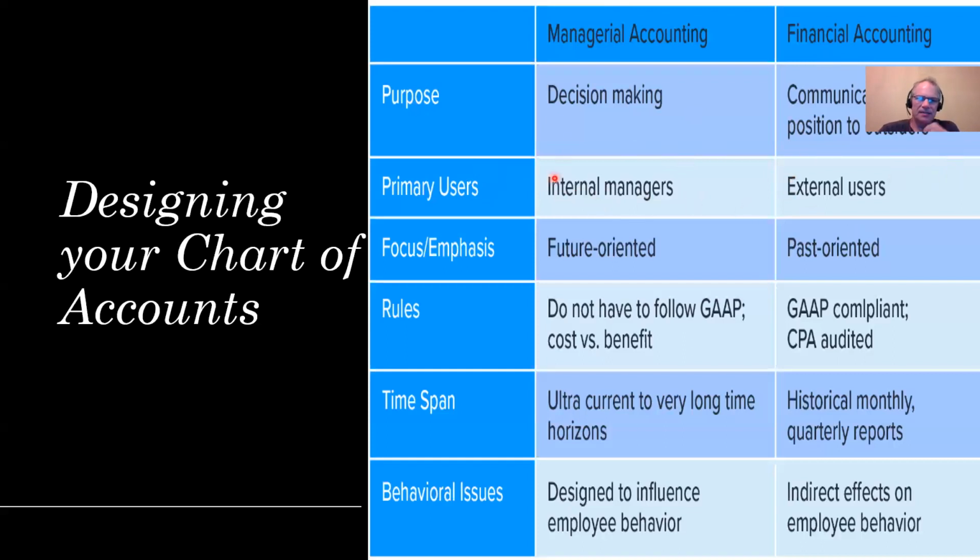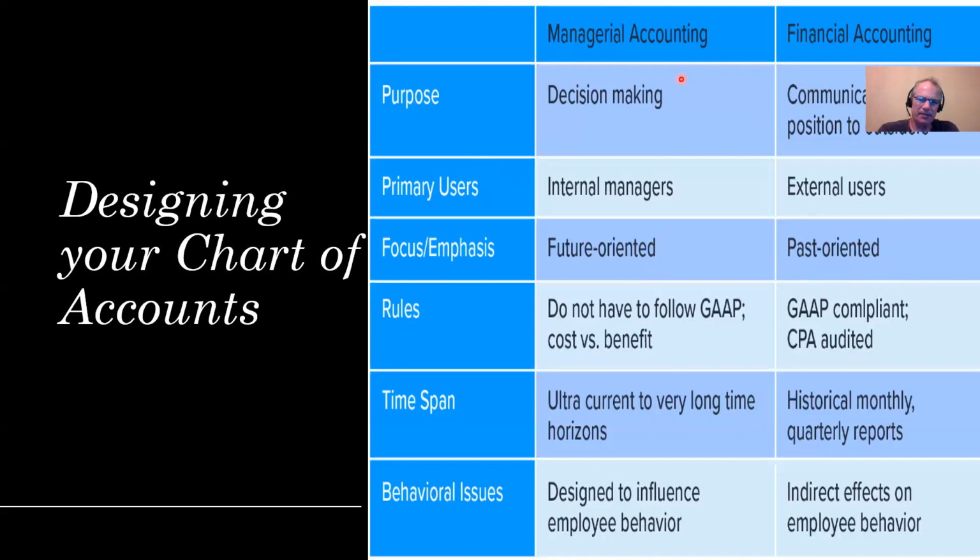Again, the thought here is that these internal people are somewhat ignored in many cases as opposed to the external users. The focus and emphasis for managerial accounting is future-oriented, whereas financial accounting, obviously, you're reporting on past results, profit and loss. So that is a big difference.